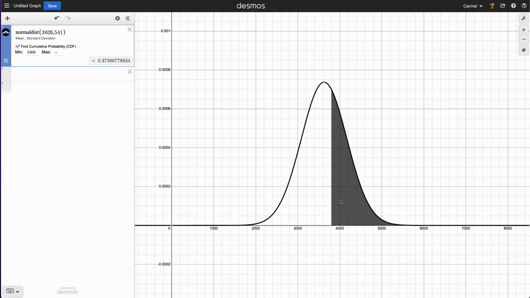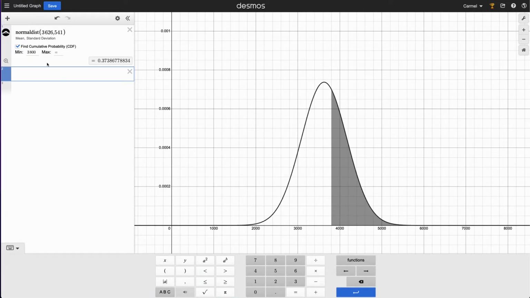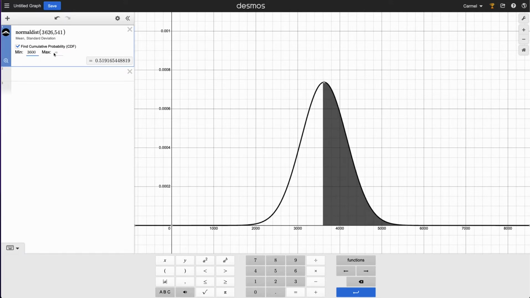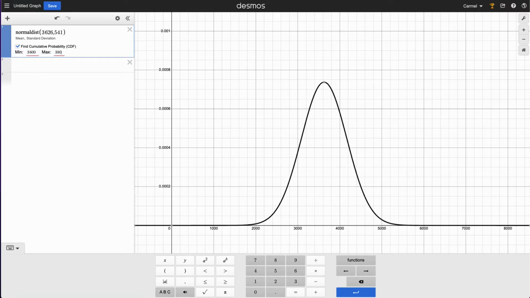So it's a 37% probability that the weight of the baby would be greater than 3,800. And that's the same if you want to do it between two numbers. Let's say, what is it between 3,600 and 3,800? That is about 14% of all babies weigh between 3,600 grams and 3,800 grams.